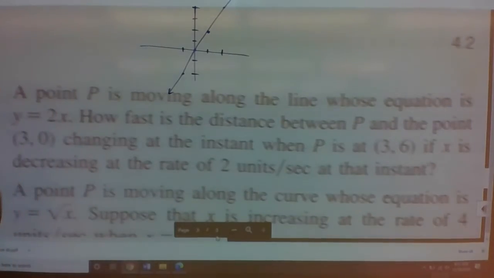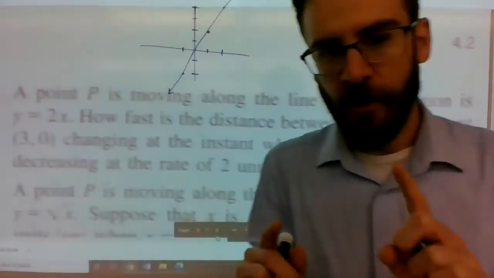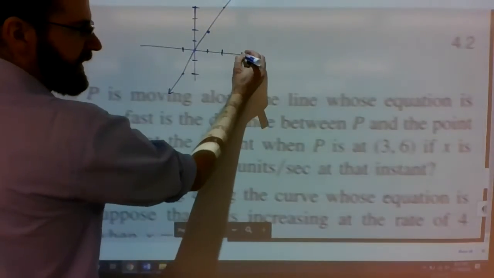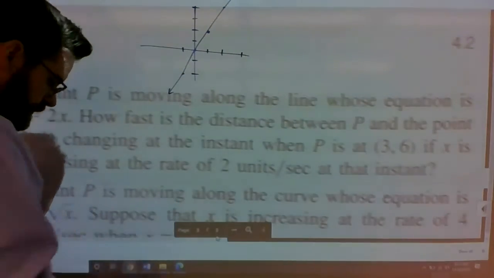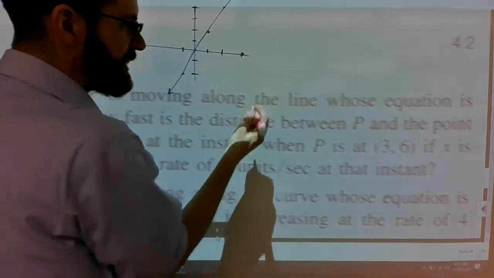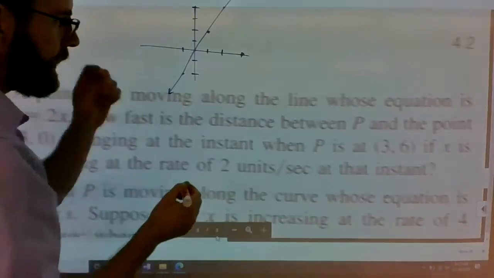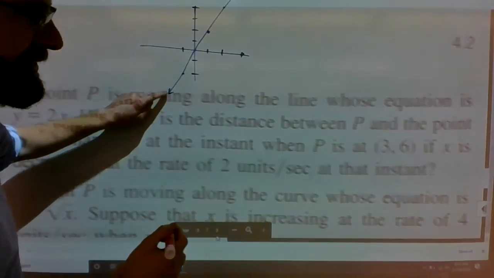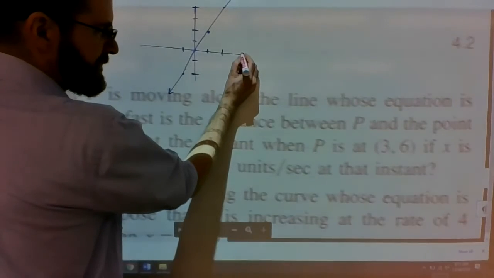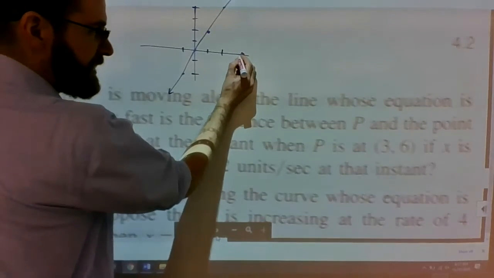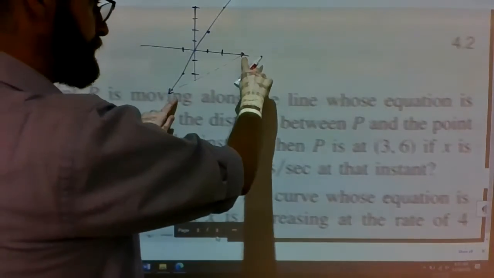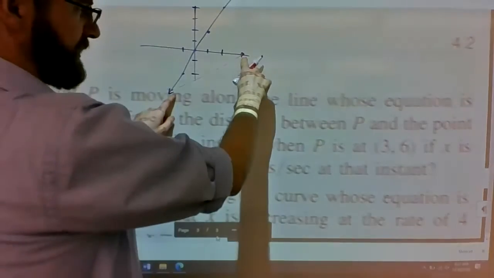Okay, so this is a really tricky situation, but visualizing it, it's kind of like saying we've got a red point that doesn't move. 3, 0 does not move. But the point along the line is continuously moving. So the distance between the point 3, 0 and this point at this particular moment is going to be that distance.